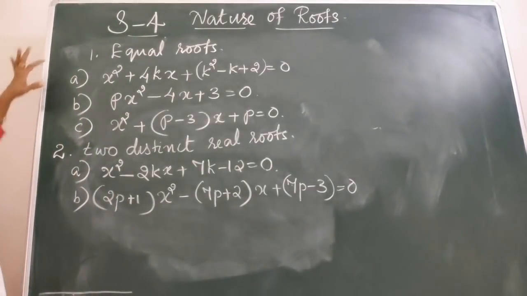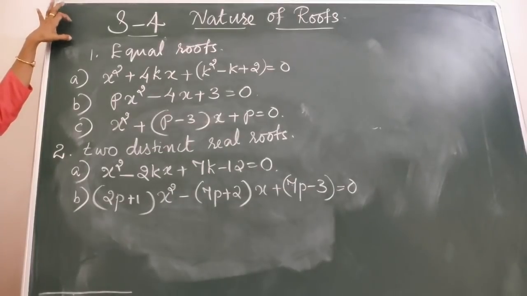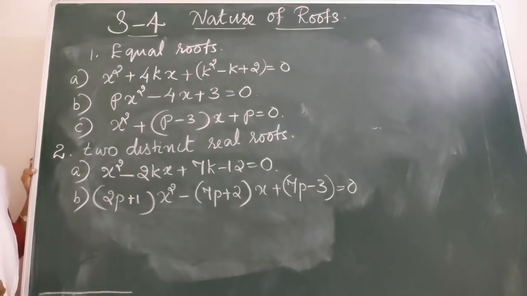Alright. So these are the homework questions related with this topic, nature of roots of the quadratic equation. So I think the concept is clear to you. Once more I am dictating the formula. The value b square minus 4ac is known as the discriminant of the quadratic equation, and we can find out the nature of the roots without solving the equation.